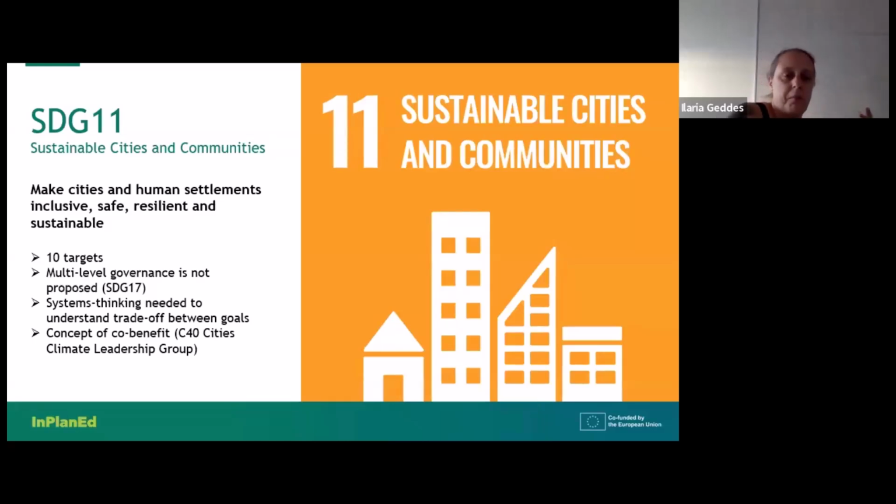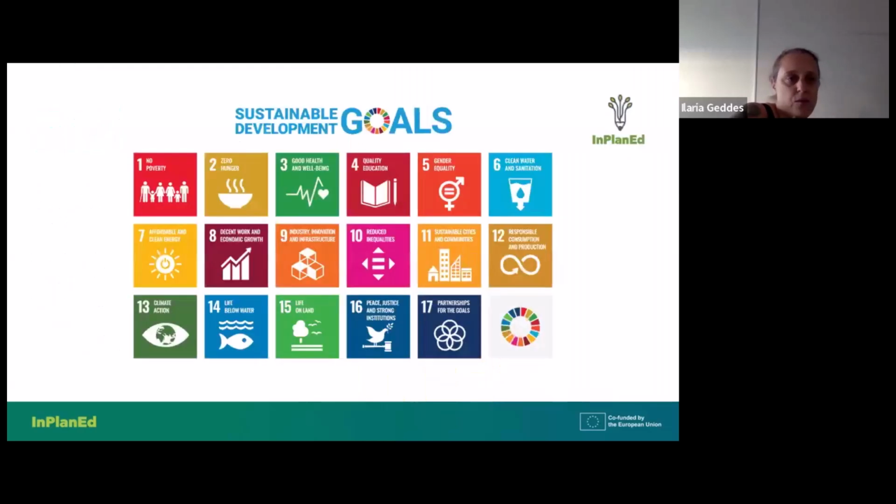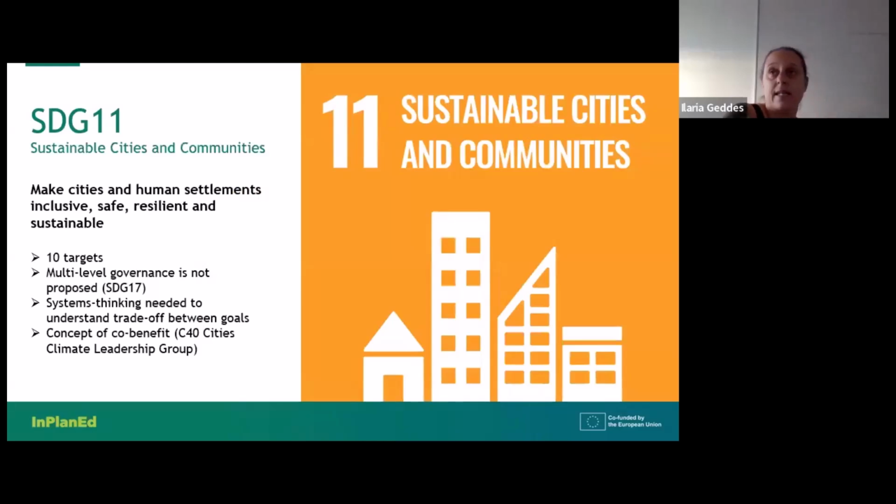So you might say, probably the most famous one is number 1, no poverty, but that over time has always meant increased output of GDP, and we know that output consumes natural resources. So if you try to decrease poverty that way, then you're impacting on the environment at the other end. So that is where systems thinking comes in terms of sustainable development.